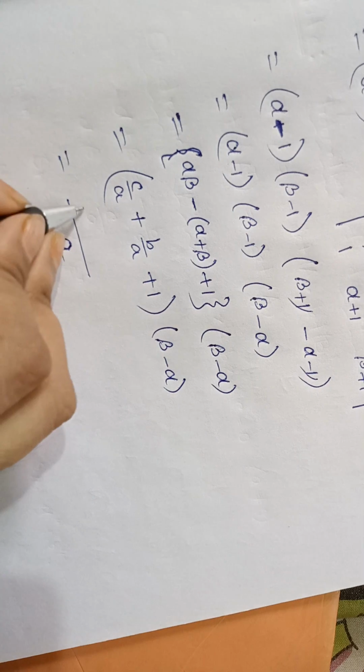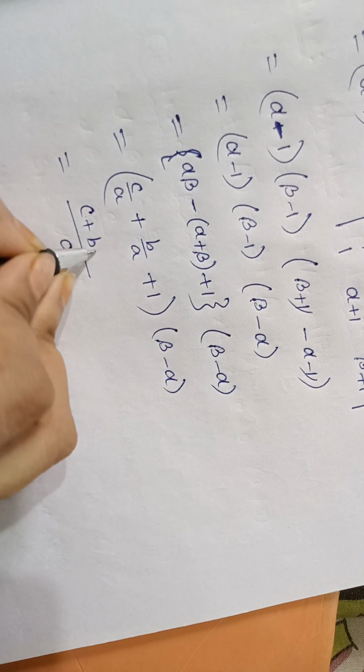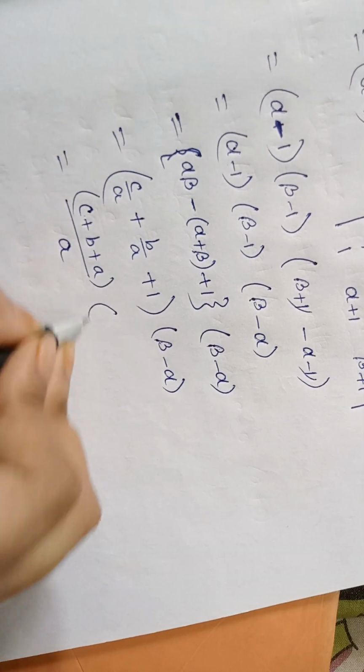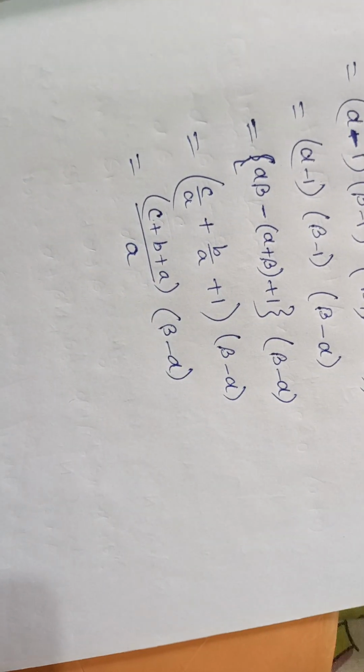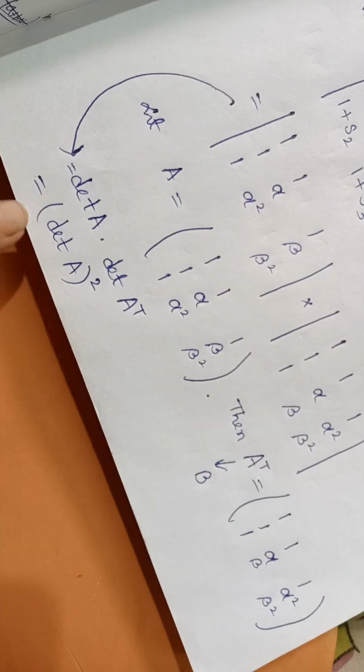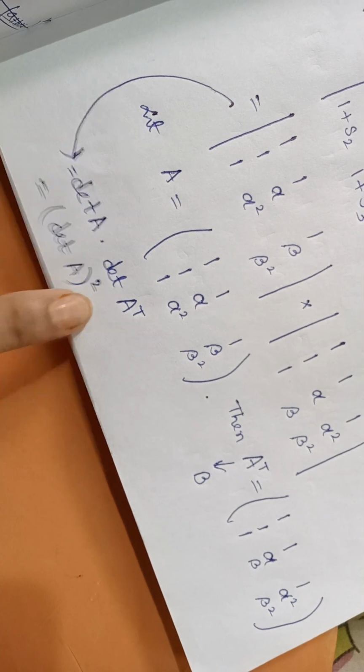So after simplifying, we get (a plus b plus c) by a and beta minus alpha. Now here it was determinant of A square.